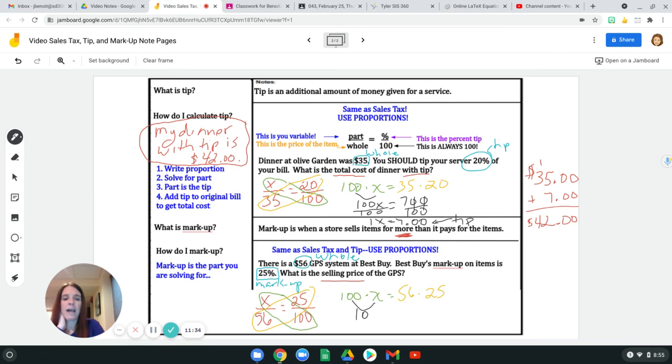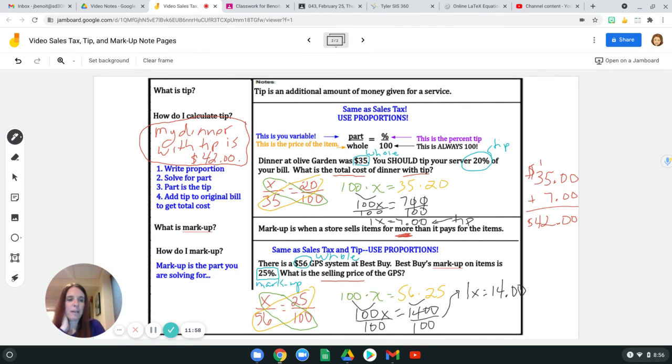This is 100x. 56 times 25, I'm going to cheat and look, is 1,400. Divide by that coefficient of 100. And so we get our markup is $14.